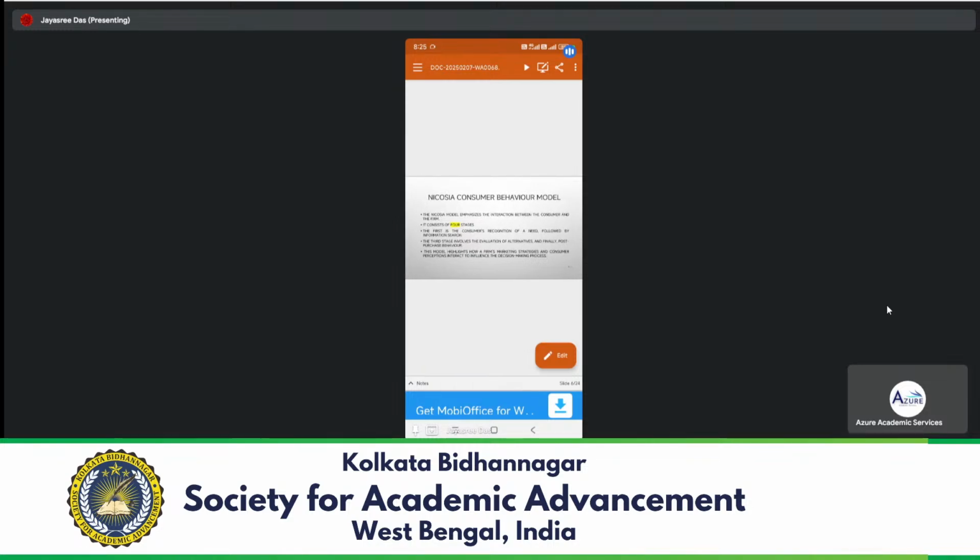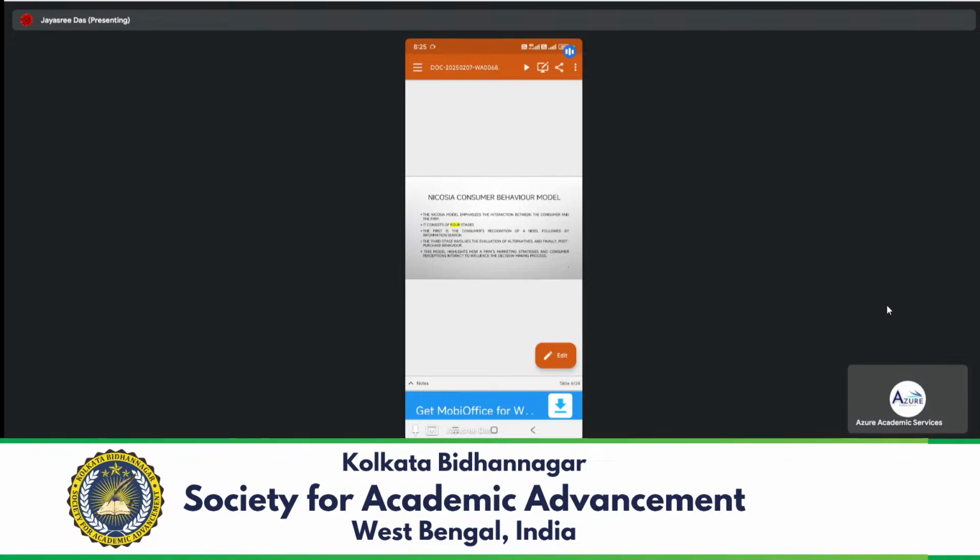Now, coming to the first model. This model emphasizes the interaction between the consumers and the company. It includes four stages. First, need recognition, when a consumer realizes the need of a product. Once that is done, comes the information search stage. Here, the consumer seeks information about the product.